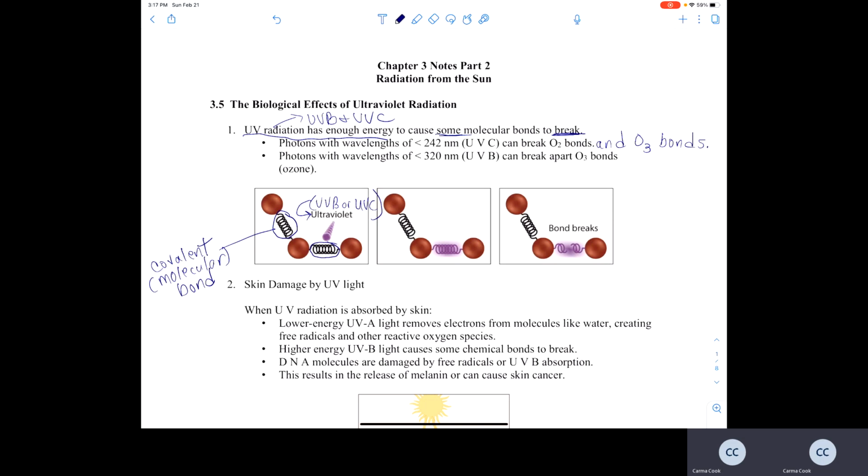And so when the ultraviolet light hits that covalent bond, it's going to first cause it to vibrate, and then it's going to cause it to break.